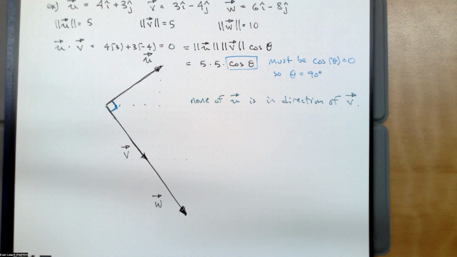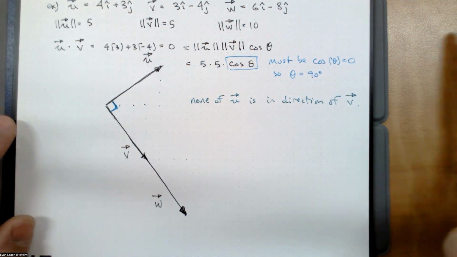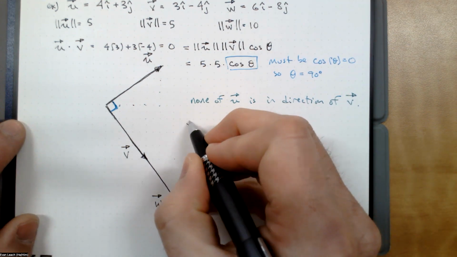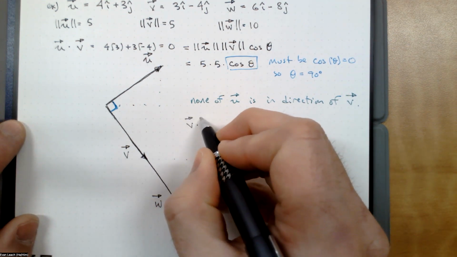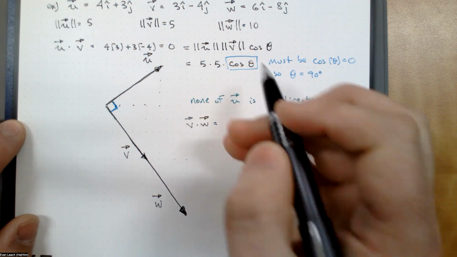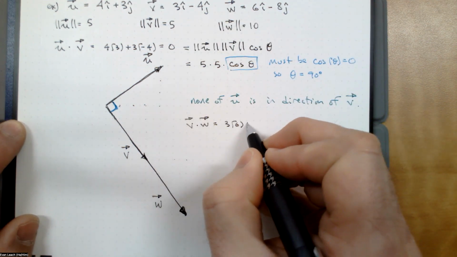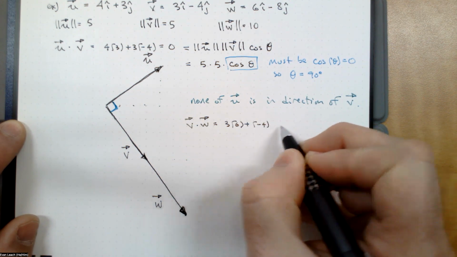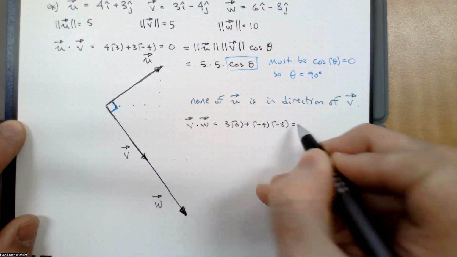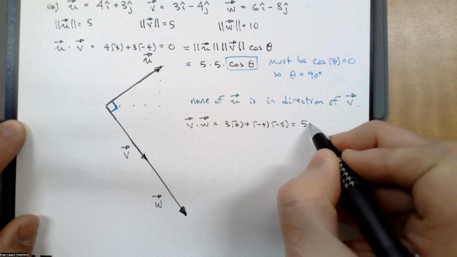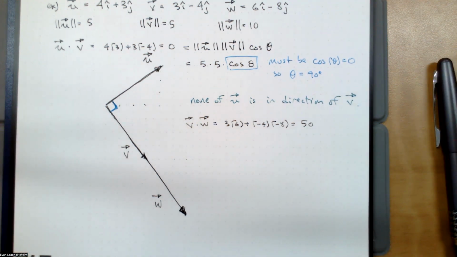When we calculate v dot w, I have 3 times 6 plus negative 4 times negative 8, which gives us 50.